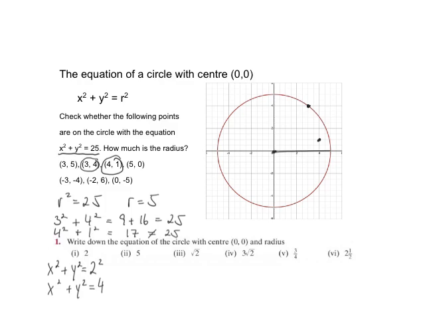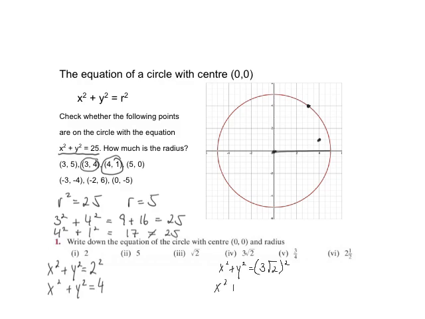Let's do this one here. IV, so again, x squared plus y squared equals 3 root 2 all squared. So we have to square everything there.